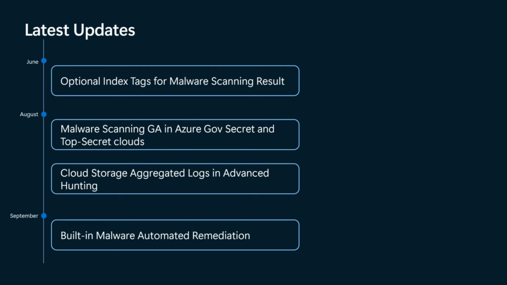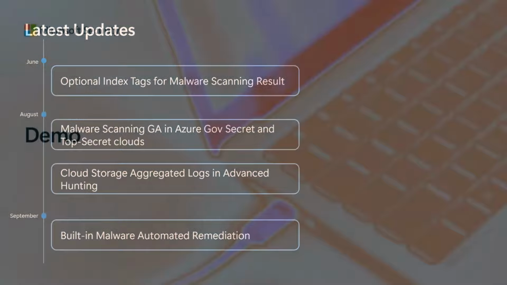We support malware scanning in Azure Government as well. We have integration into advanced hunting, which is Defender Portal Advanced Hunting. All of our alerts are in advanced hunting, where you can do very advanced queries and correlations. And our built-in malware automated remediation is also released. Again, built-in ability to soft delete malicious blobs when you detect them.